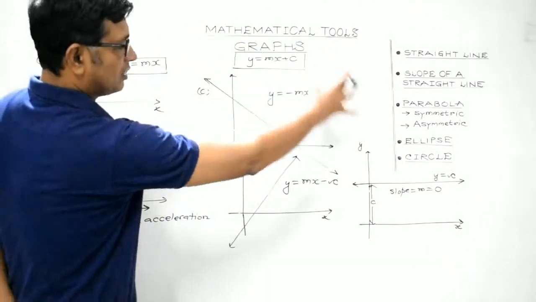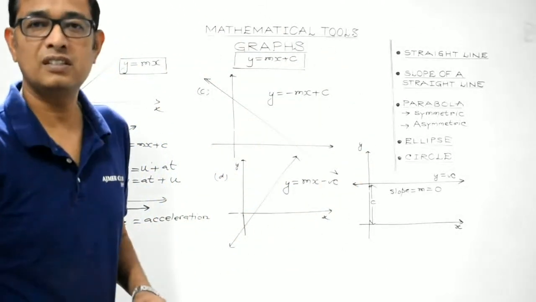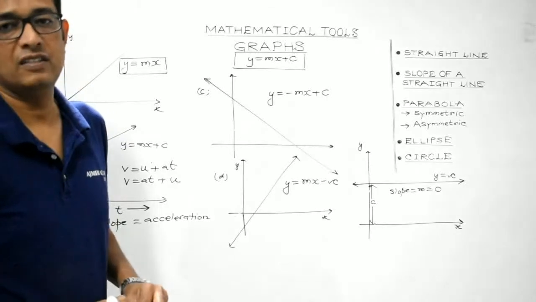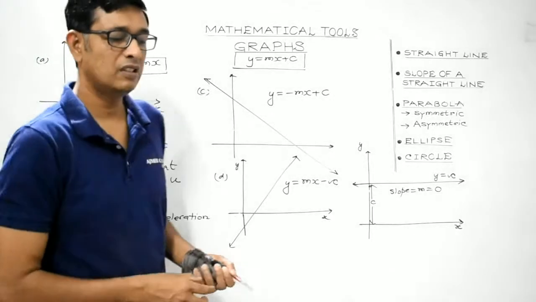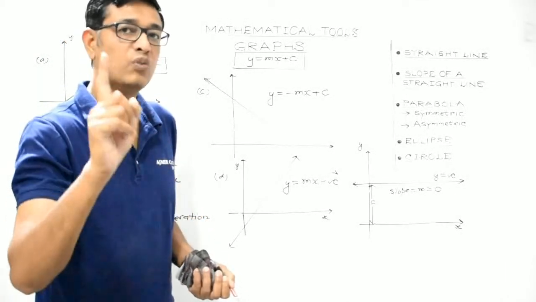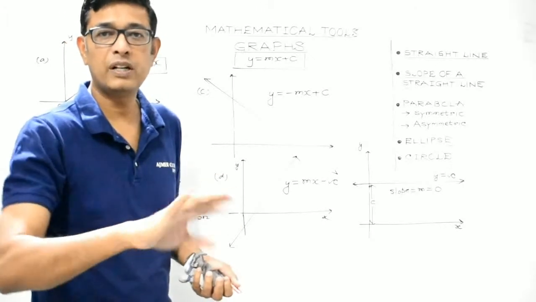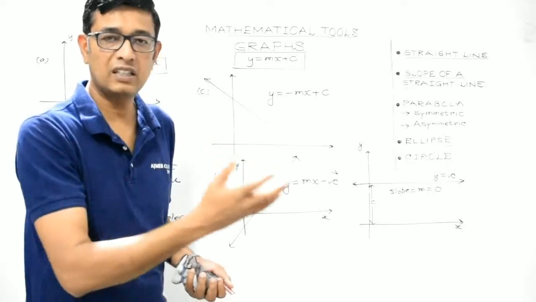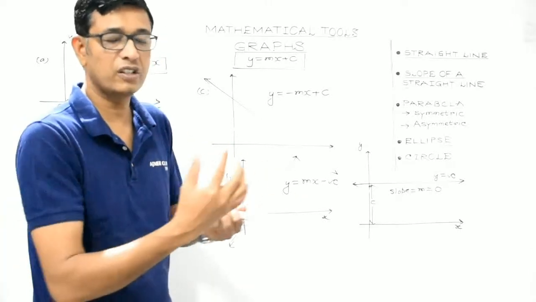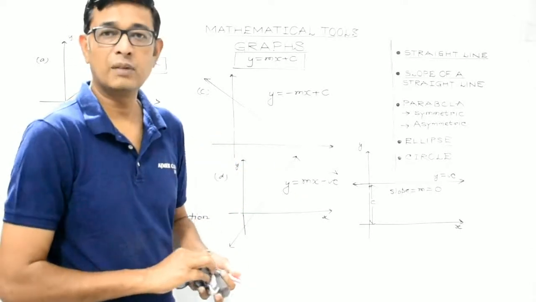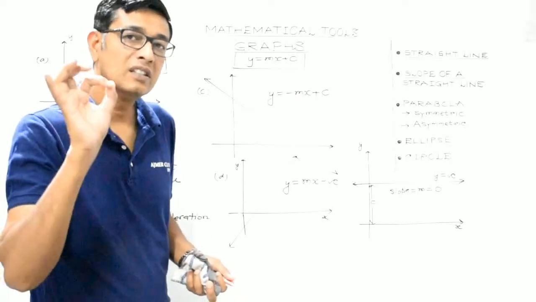So these are all the various possibilities in the case of a straight line. So students, whenever the degree of a given equation is 1, then if you graphically represent the two variables, one independent and the other dependent, and plot the variation diagrammatically, we should get a straight line.